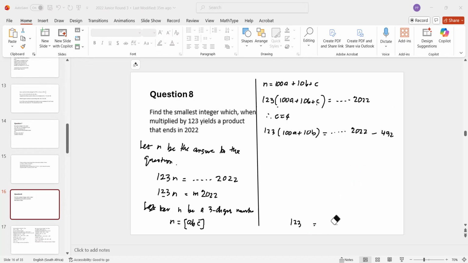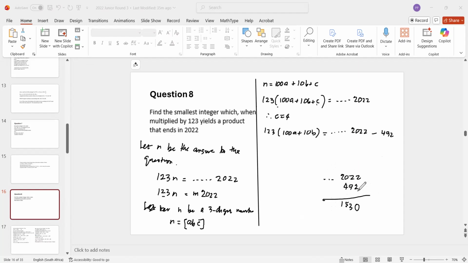I've got a subtraction sum here. 2022, I've got 492, I'm subtracting. It's 0, 3, and here you've got 5, 15.